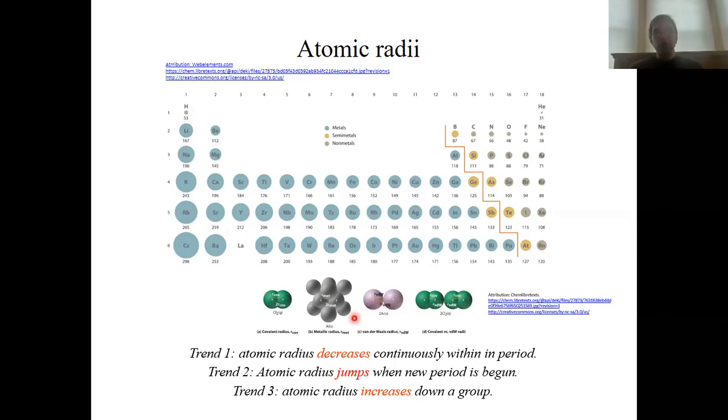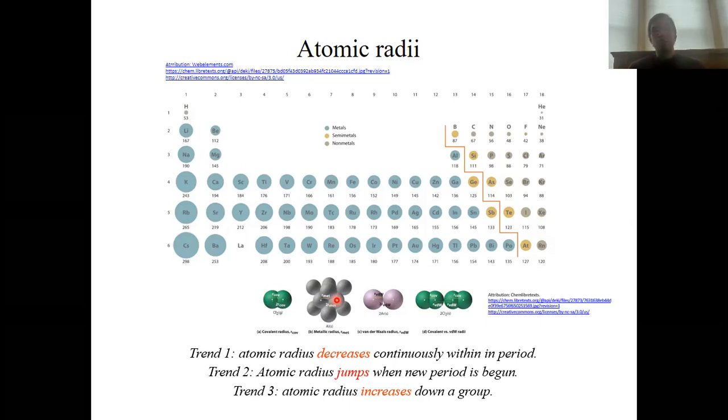In addition to that, you also have the so-called metallic radius. This is again nothing else but the shortest distance between two atoms within a metal, divided by 2. Of course, this kind of metallic radius is only applicable for metals.